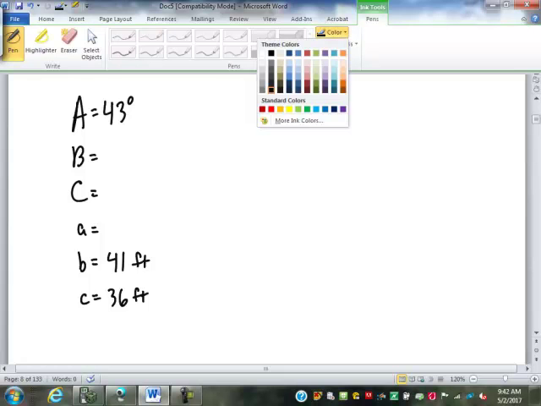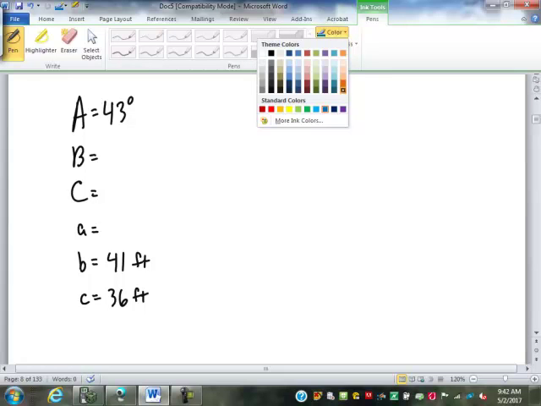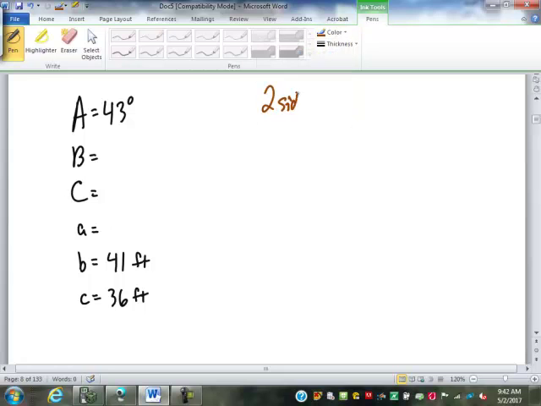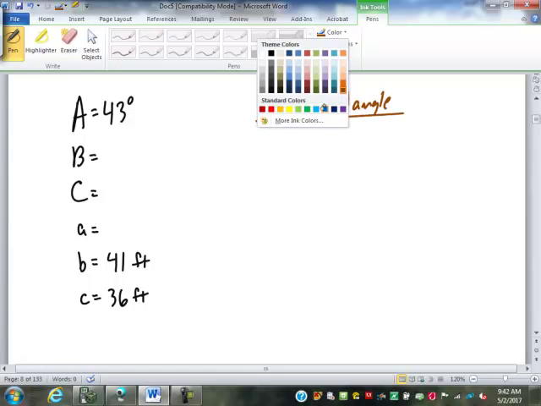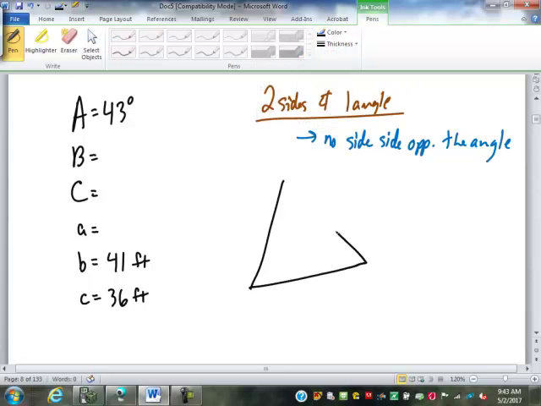I have two sides and an angle still, but here the issue is I don't have a side opposite the angle. If I draw this out, I literally get a picture like this.